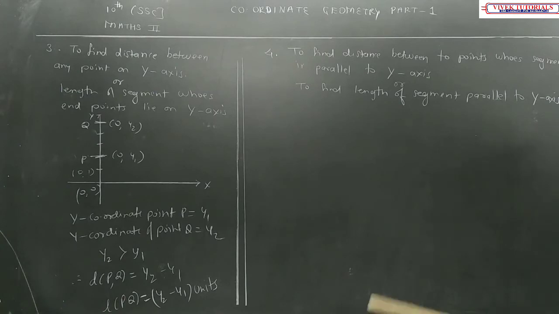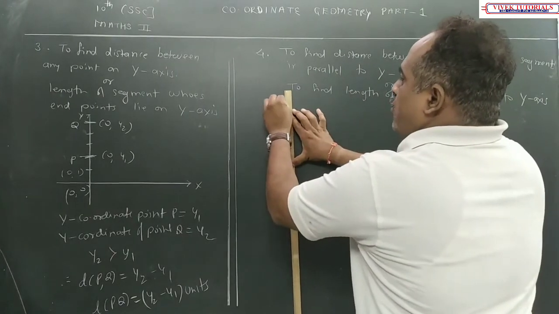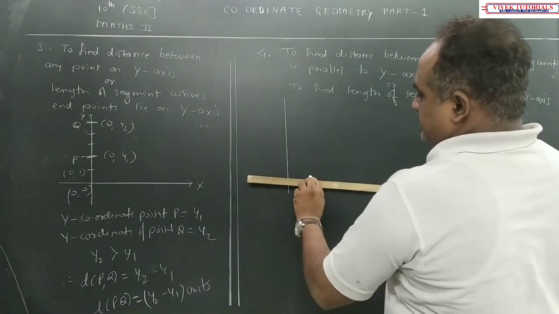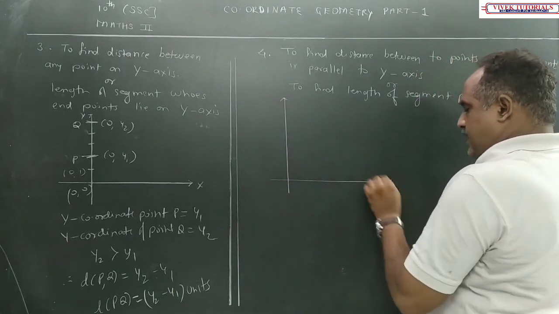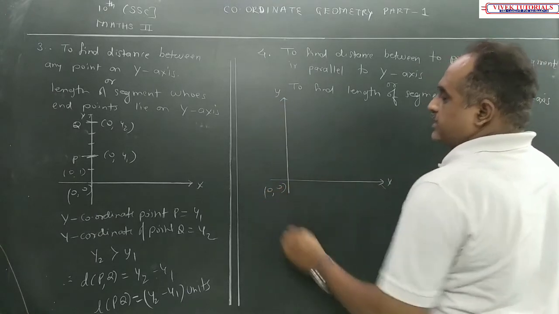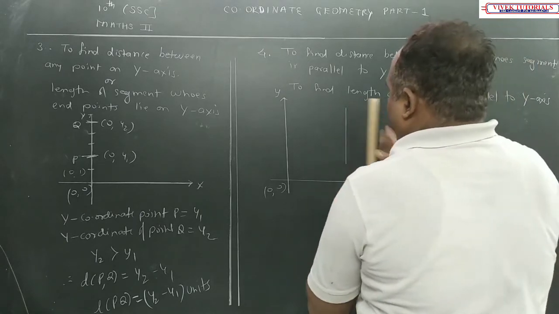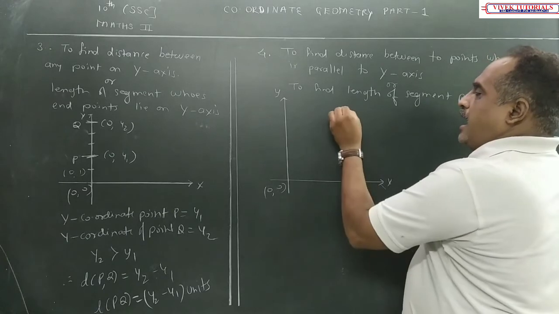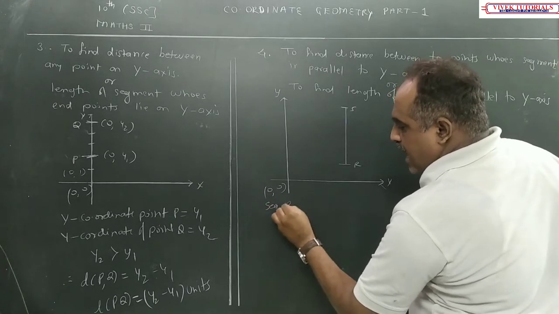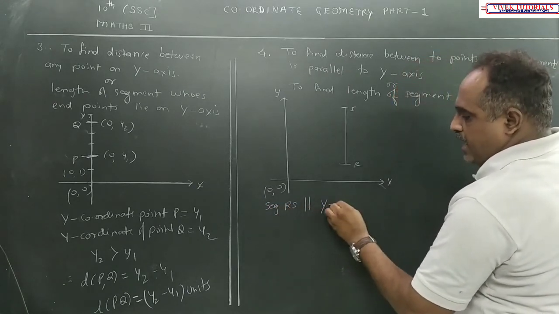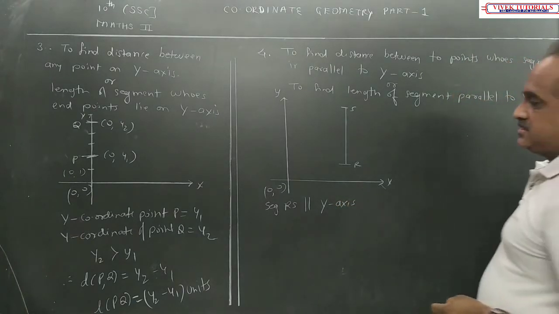Now, to find out the distance between 2 points whose segment is parallel to y-axis, you are going to draw the y-axis. This one is the x-axis. Okay. So this is x, this one is y, this is 0, 0, and say I'm going to take points R and S. So what I can write is segment RS is parallel to y-axis.